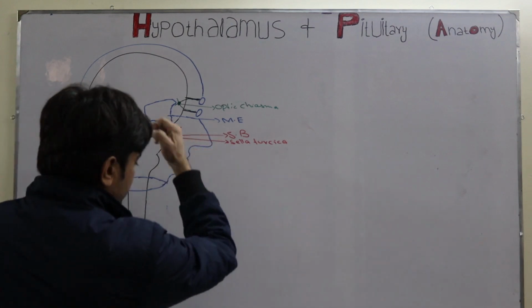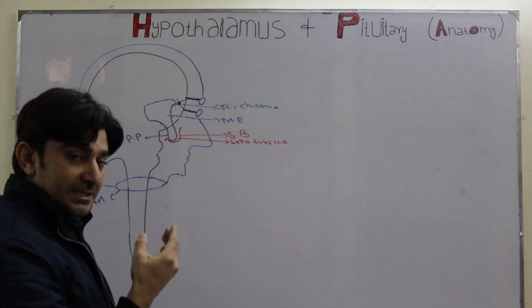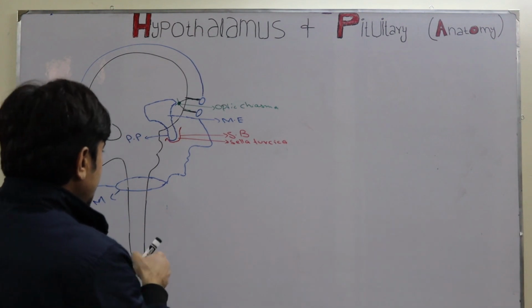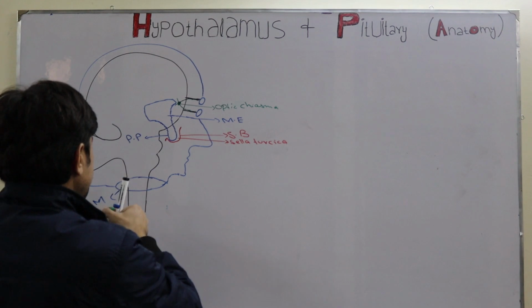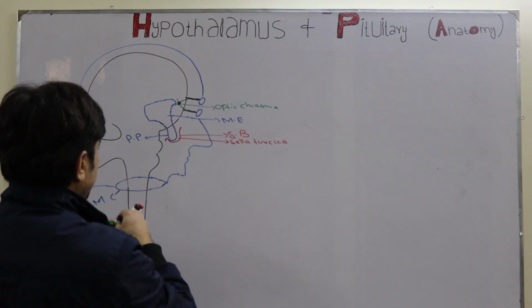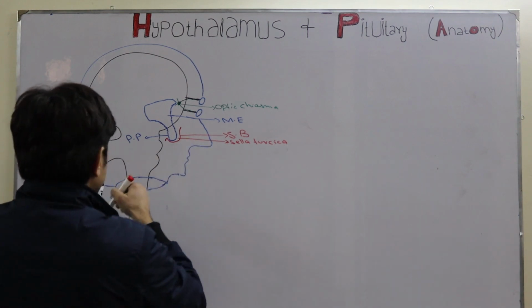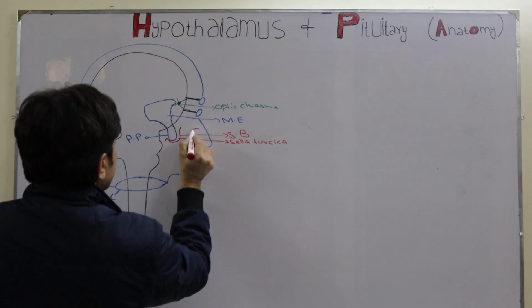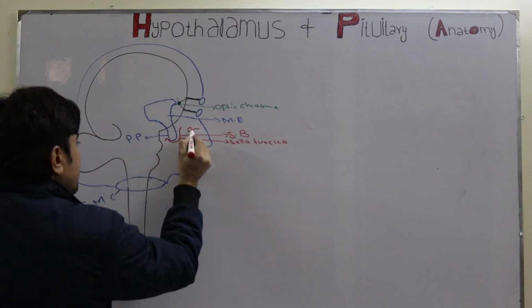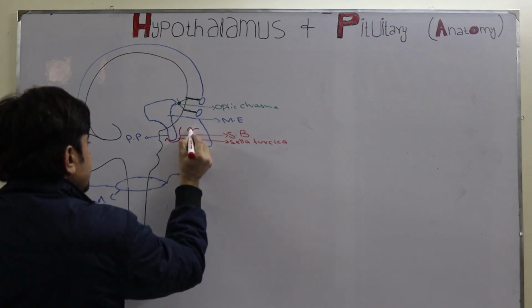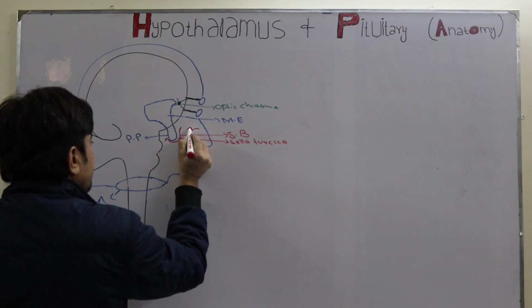And this is the nose, and in the nose we have epithelial cells, which is called nasal epithelium. Some of the nasal epithelial cells outgrow from this epithelial region. This outgrowth of nasal epithelium is called Rathke's pouch.